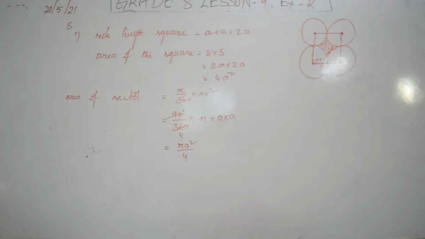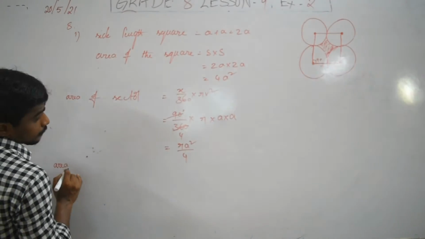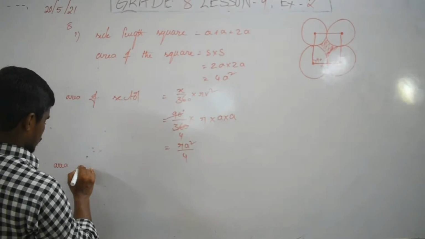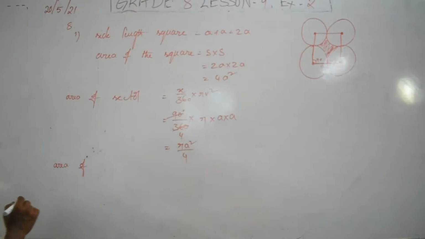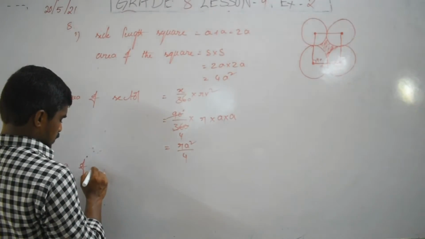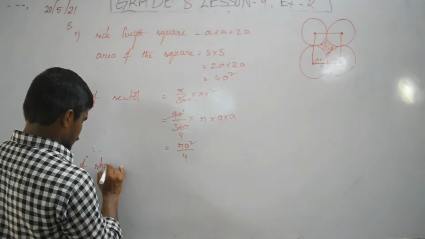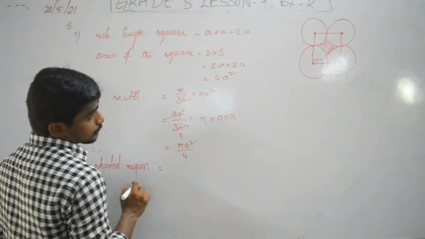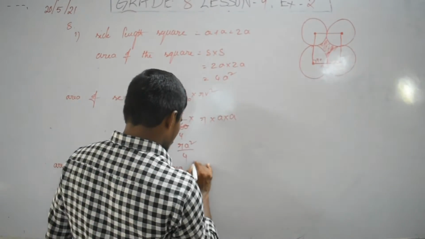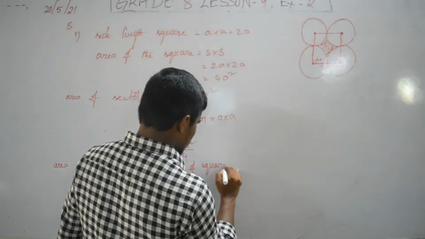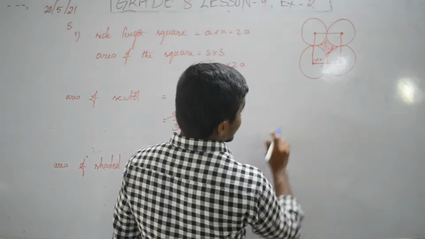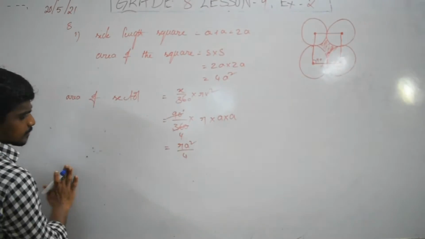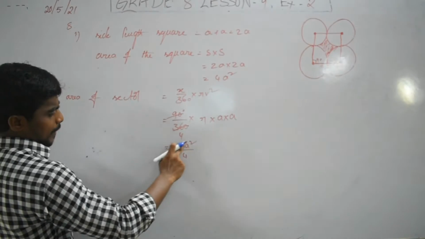Now here see, the area of the shaded region is the area of the square minus the area of the four sectors. There are 4 sectors, and the area of one sector is pi a square by 4.